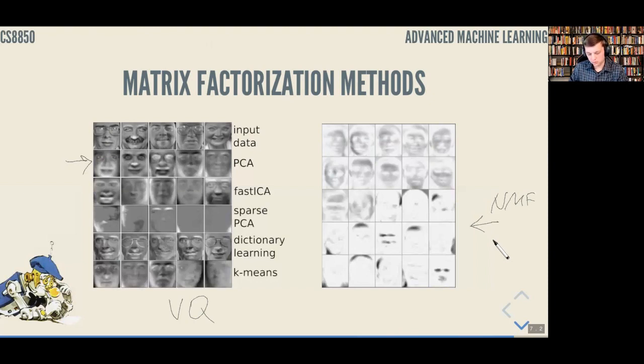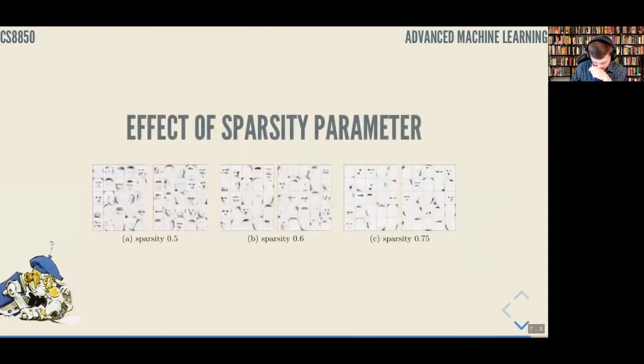Often you need to enforce additional sparsity on NMF. And when you enforce additional sparsity on NMF, you get papers in ICLR, as we did back in 2012, if I believe correctly.